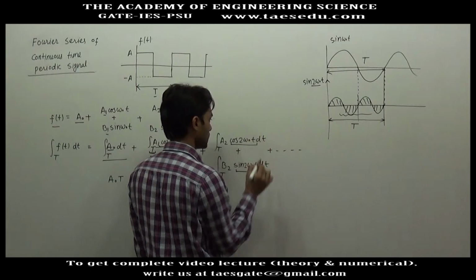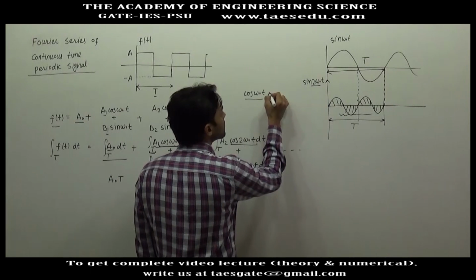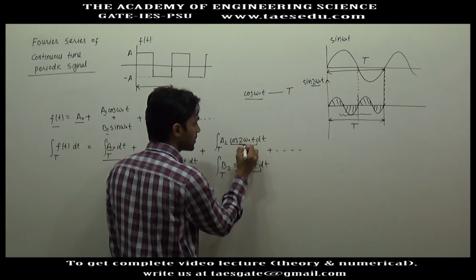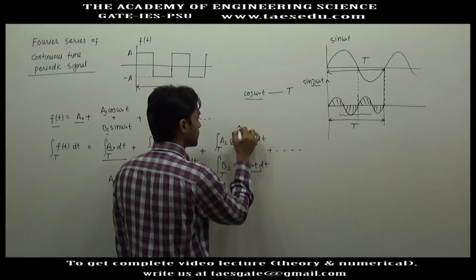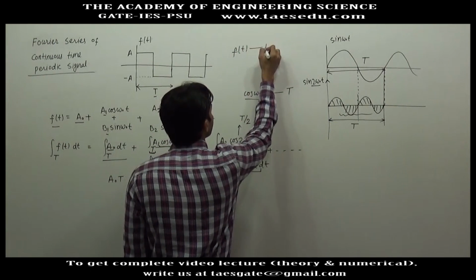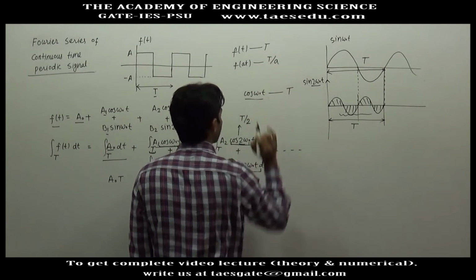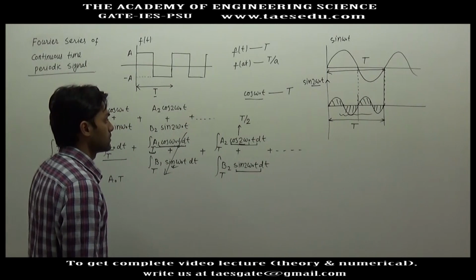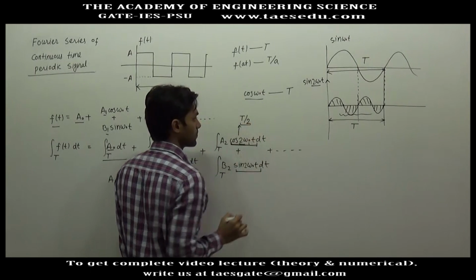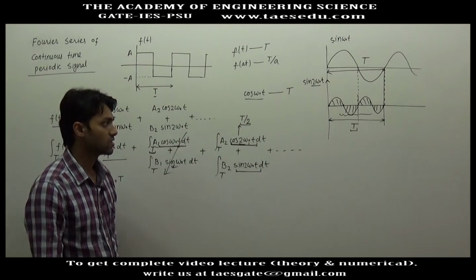The time period of cos omega naught t, the fundamental component, is T. And you have 2 omega naught t here, so its time period will be T by 2. If f(t) has time period T, then f(at) will have time period T by a. What is the duration of integration? The duration of integration is T.